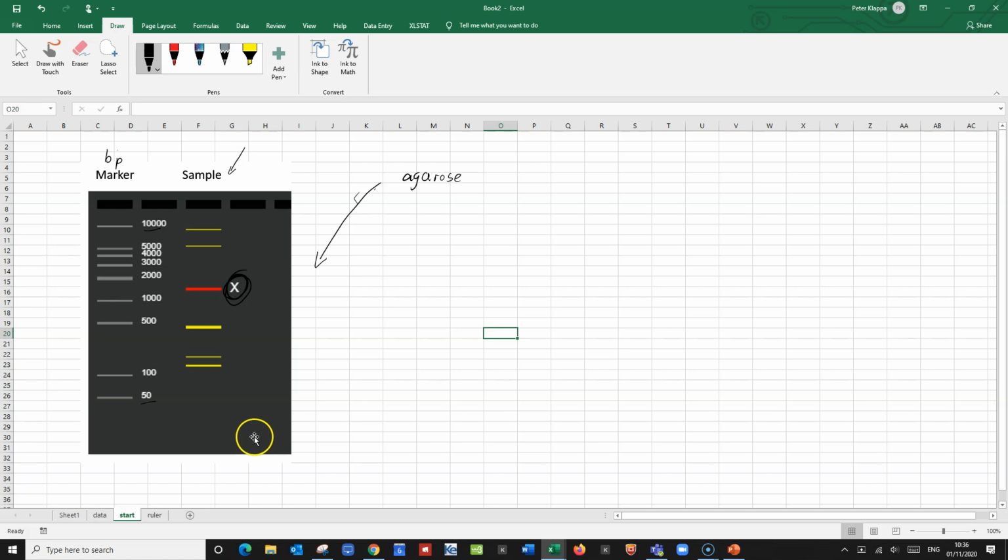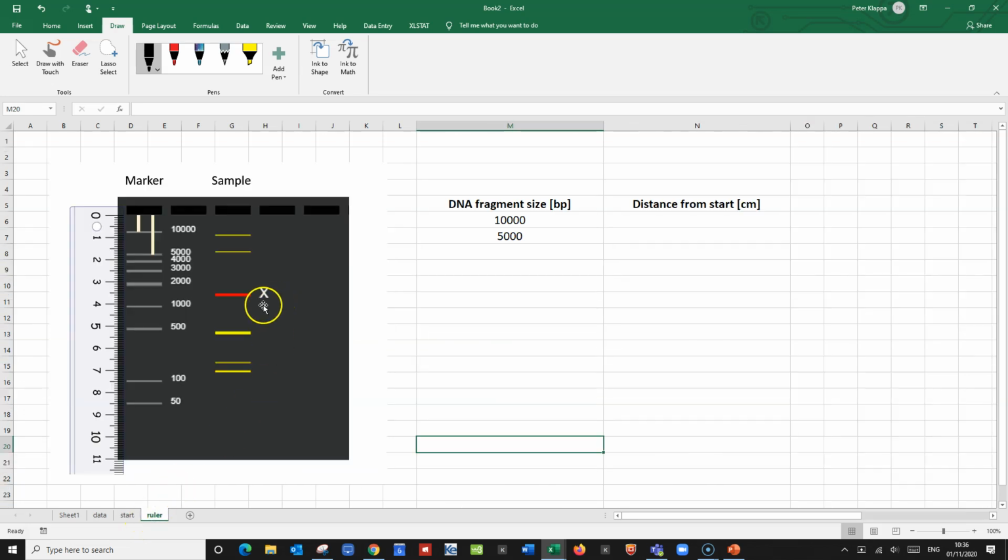Well, what we are going to do is we simply measure the distance of each of these marker bands from the start. And to do that, we just simply take a ruler, which we apply at the start of the DNA.